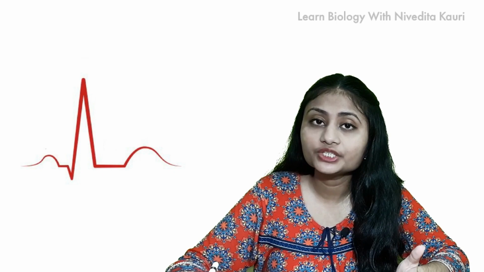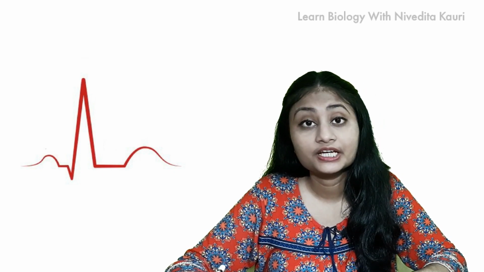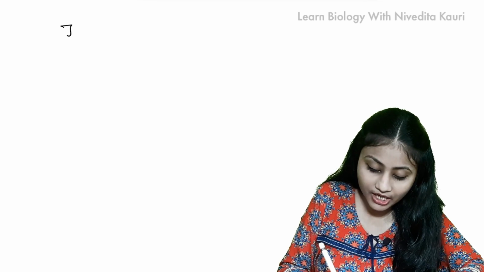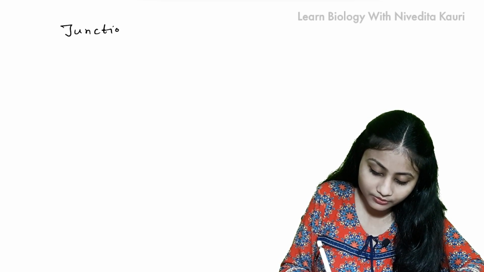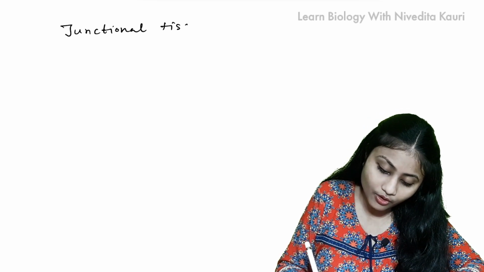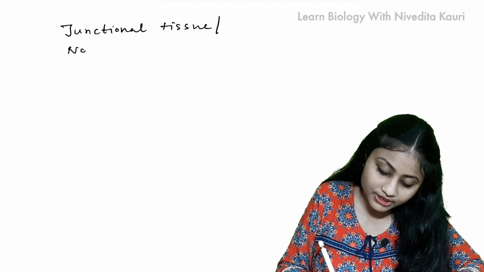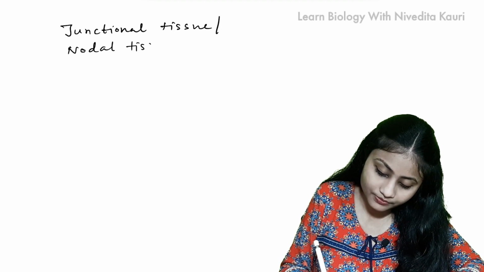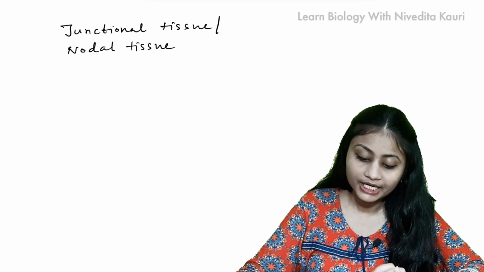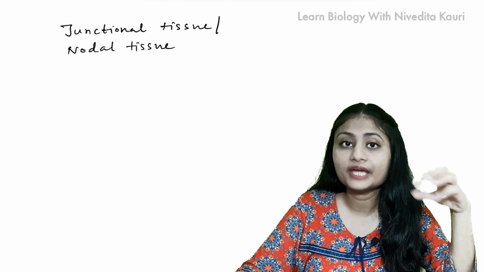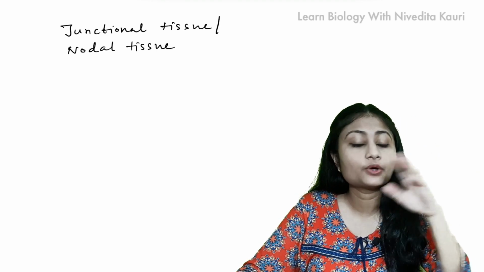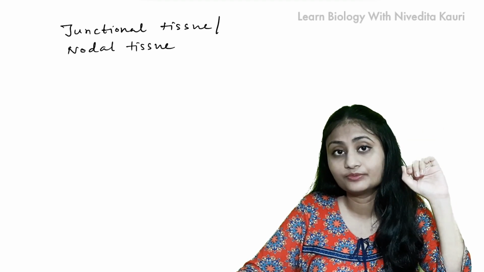Coming to the regulation of cardiac activity. Can you remember that I have said our heart contains specialized cardiac muscle which is known as the junctional tissue or the nodal tissue. This can produce and conduct electrical impulse without any external stimulus.